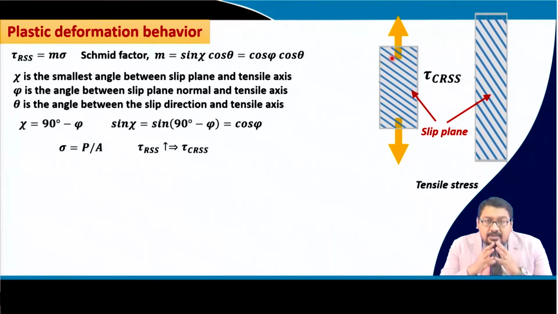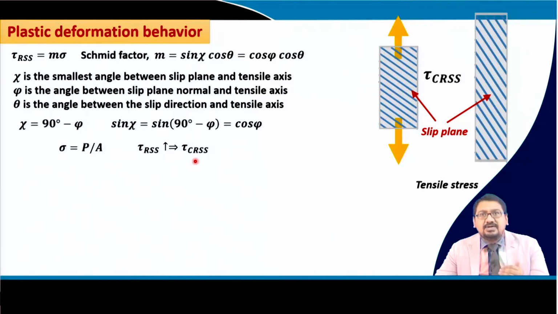So, for the resolved shear stress for a certain slip plane out of these 4 {111} planes, the one which has the highest Schmid factor will reach the critical resolved shear stress faster, and that will be the one which is going to do the slipping, or where the dislocation slip will occur in case of a single crystal.